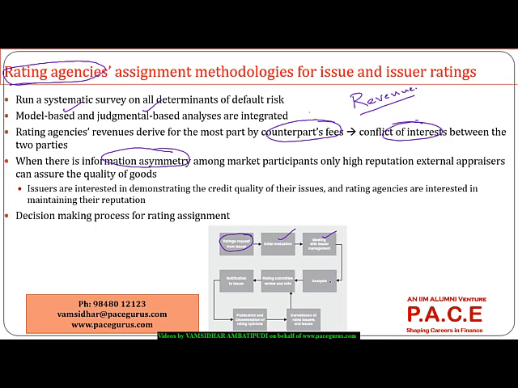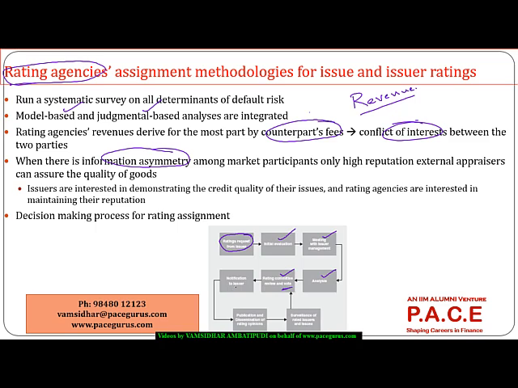And once that meeting has happened, there is a detailed analysis that is done, and there is a rating committee that is formed, which will review the various activities of the issuer and based on that they get into a voting process.